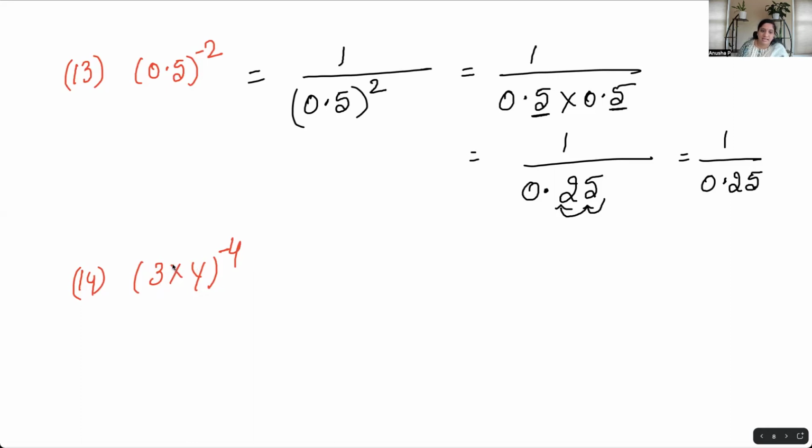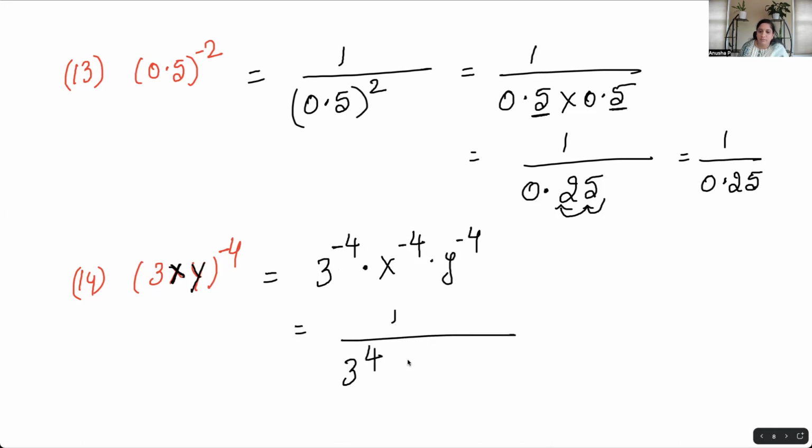So in the next example, it is 3xy to the power of minus 4. 3 times x times y to the power of minus 4. So first you will apply the exponent. 3 to the power of minus 4 and x to the power of minus 4 and y to the power of minus 4. So to make it positive, you will write it as 1 over 3 to the power of 4, x to the power of 4 and y to the power of 4. Okay.